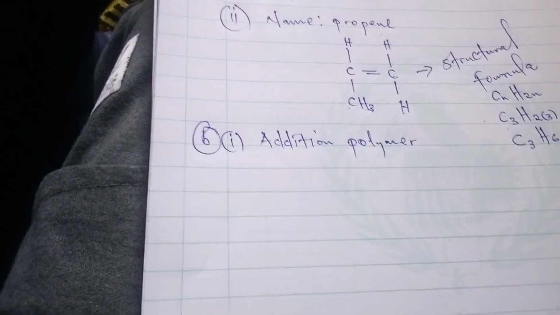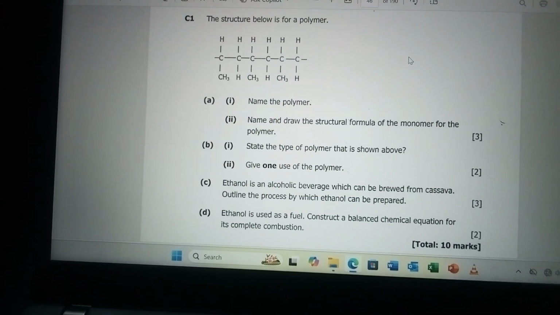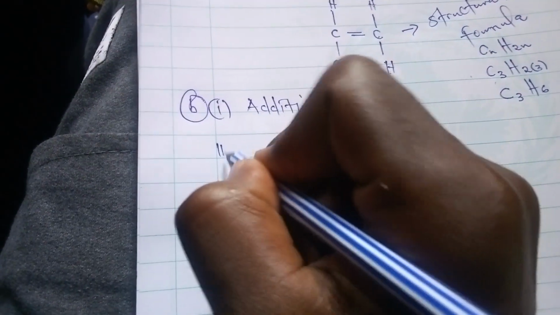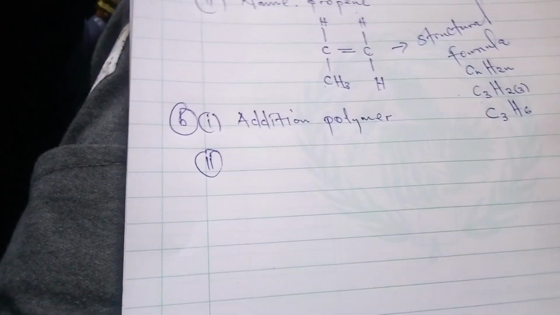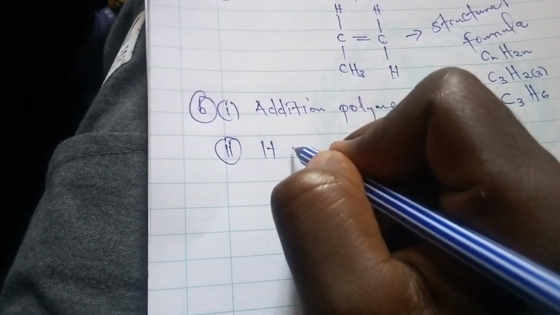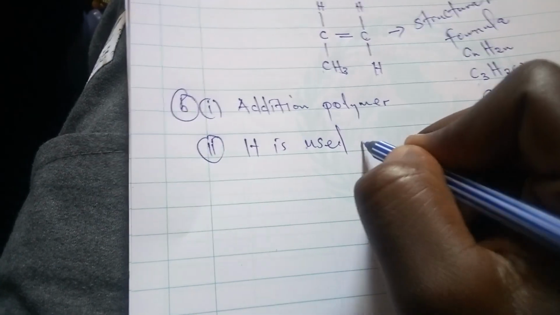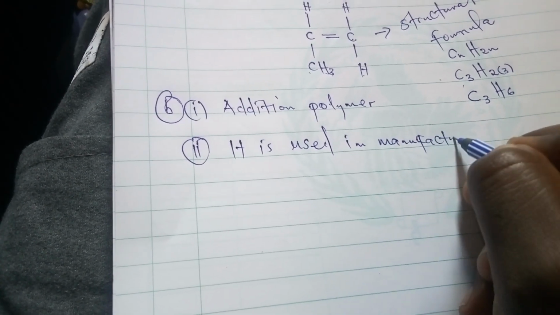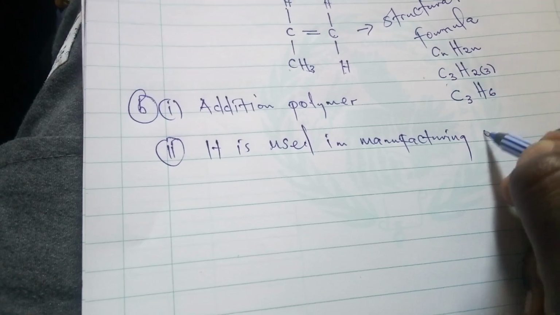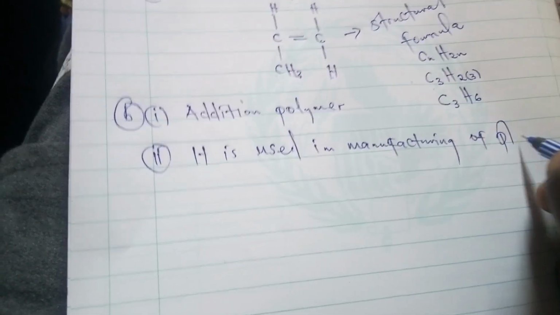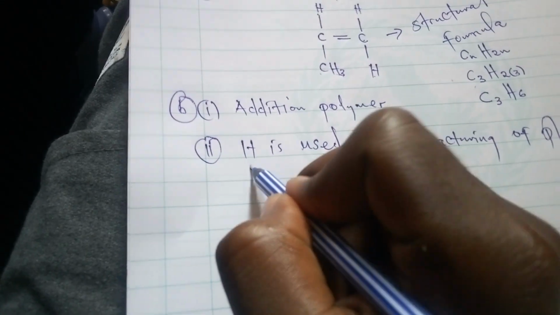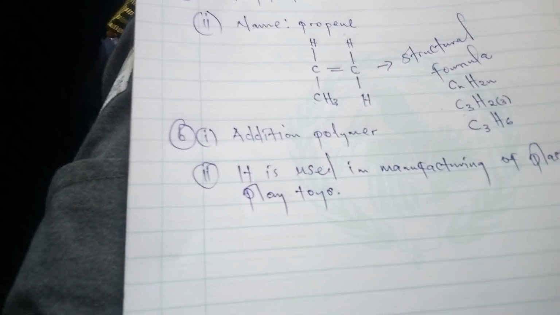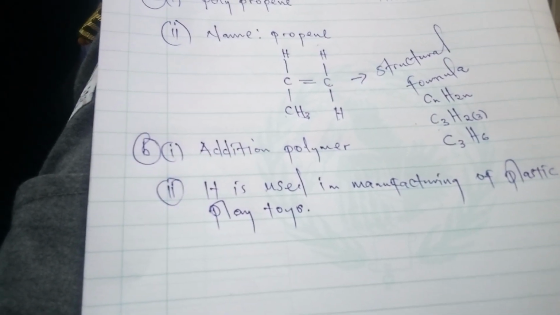From there we proceed, where they are saying give one use of the polymer. The polymer that you are seeing there is used in the manufacturing of plastic plates and toys. So that is the use of the polymer that you are seeing there.